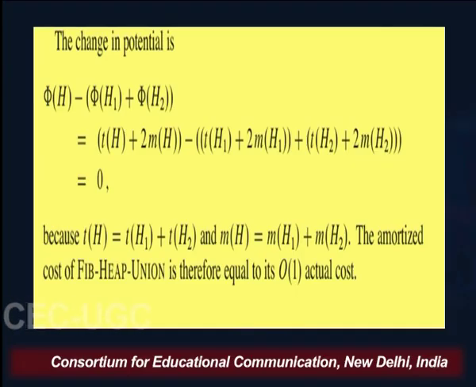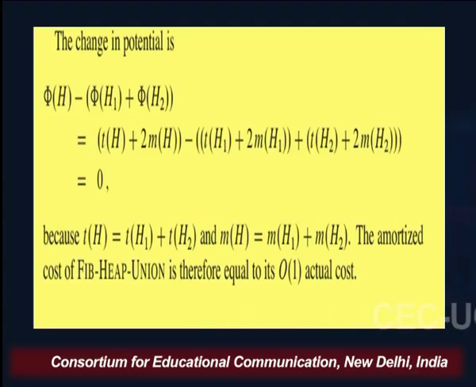So phi(h) here is going to be T(h) plus 2m(h), minus, within the bracket, the potential for the first heap h1, that is T(h1) plus 2m(h1), plus the potential for the second one, which is T(h2) plus 2m(h2).